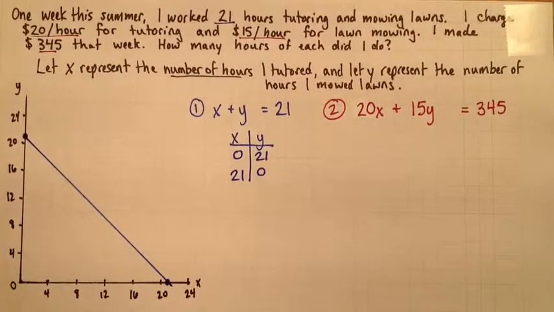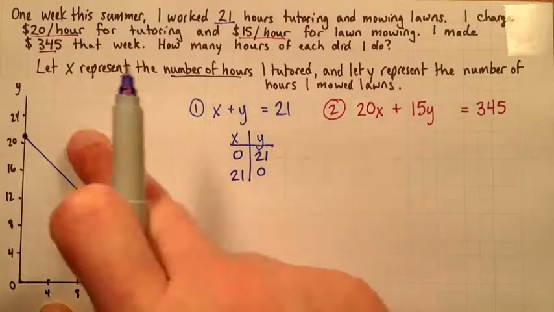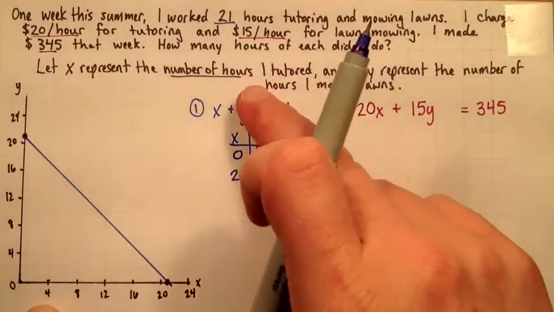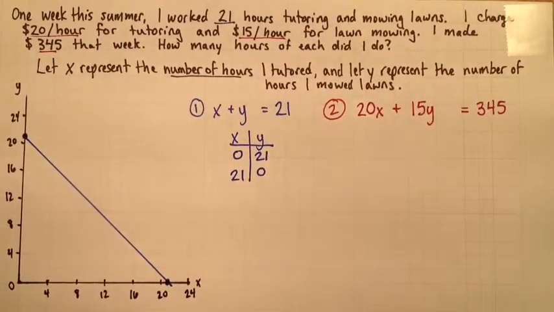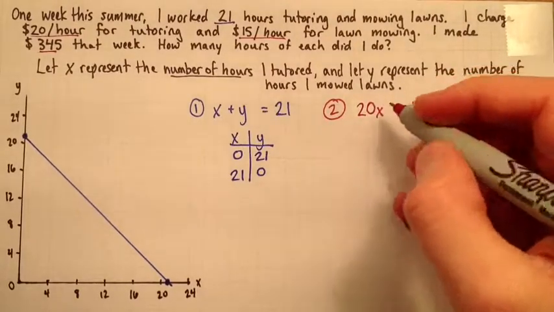Oh, you might notice I've only graphed the first quadrant here where all the numbers are positive, because I'm not going to be working negative hours. That wouldn't make sense. Okay, and now I'll do the same thing with my second equation, but this one I'm actually going to have to write some stuff down.